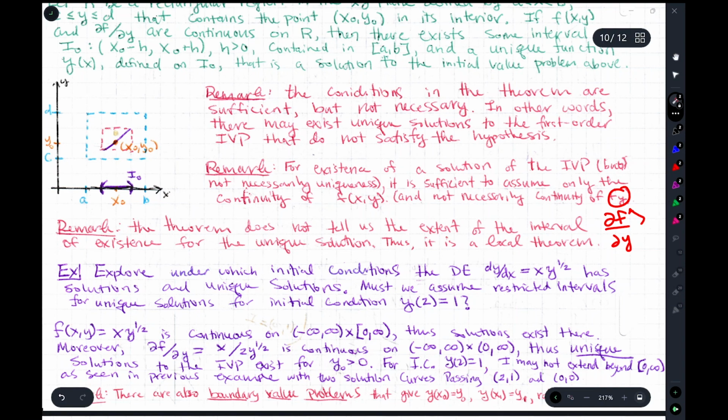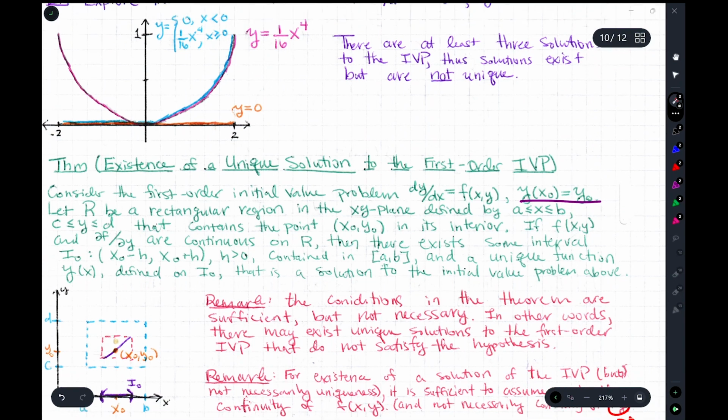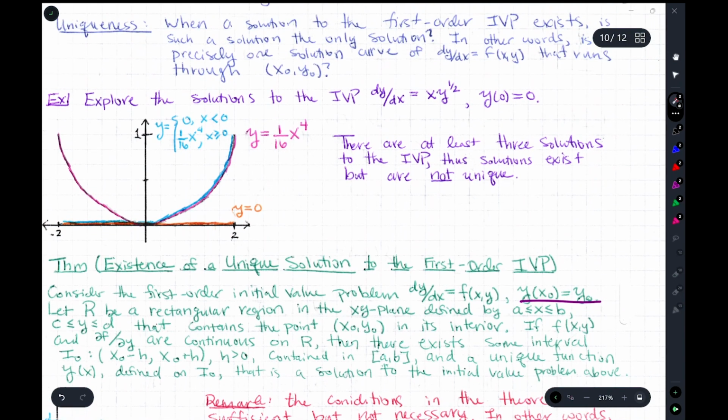Okay, so this is with the initial condition y of 2 equals 1. It may not extend beyond 0 to infinity, as seen in the previous example with two solution curves passing through (2, 1) and (0, 0). So let's take a look at that.